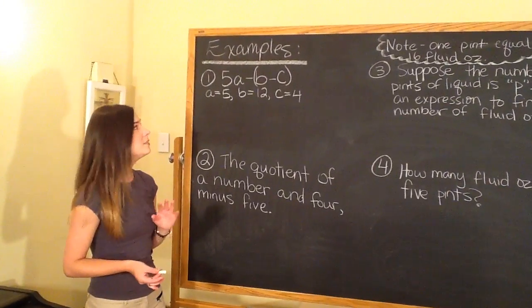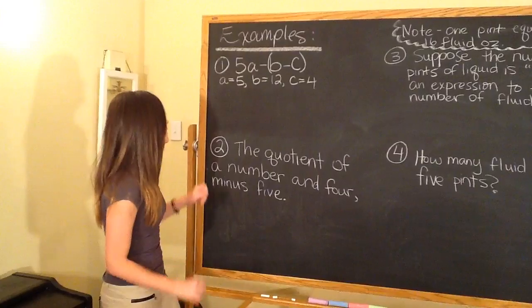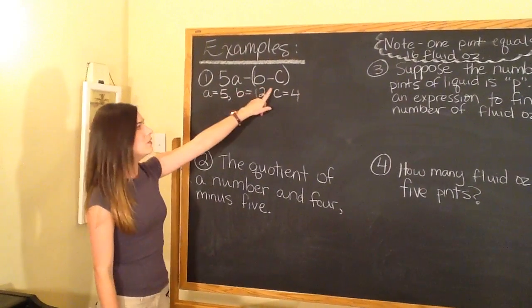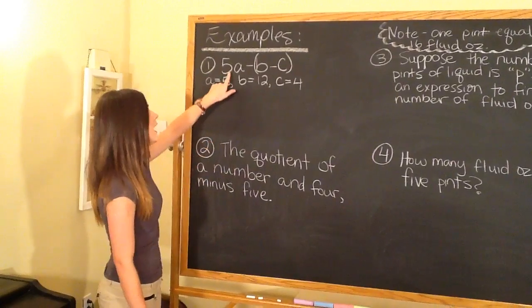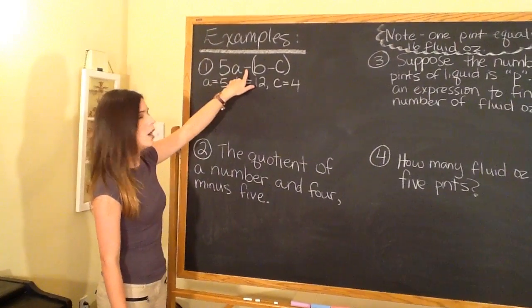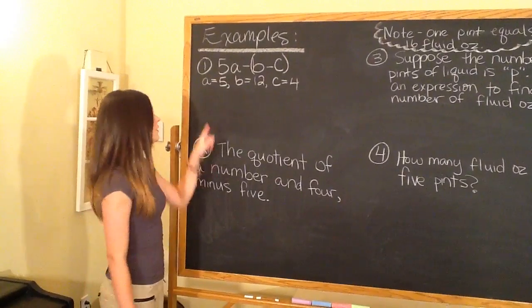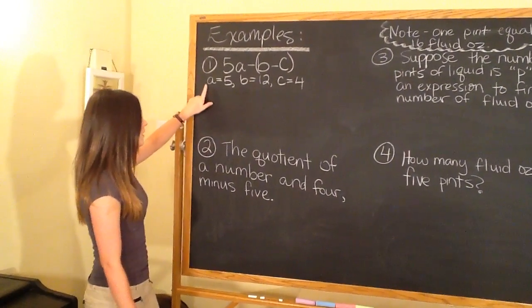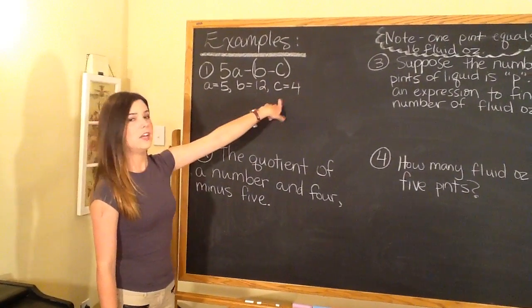Now let's try to do some examples with what we learned about algebra, variables, and algebraic expressions. Let's solve this first algebraic expression. We knew it was an algebraic expression because we had numbers, variables, and operations. We are given that A equals 5, B equals 12, and C equals 4.